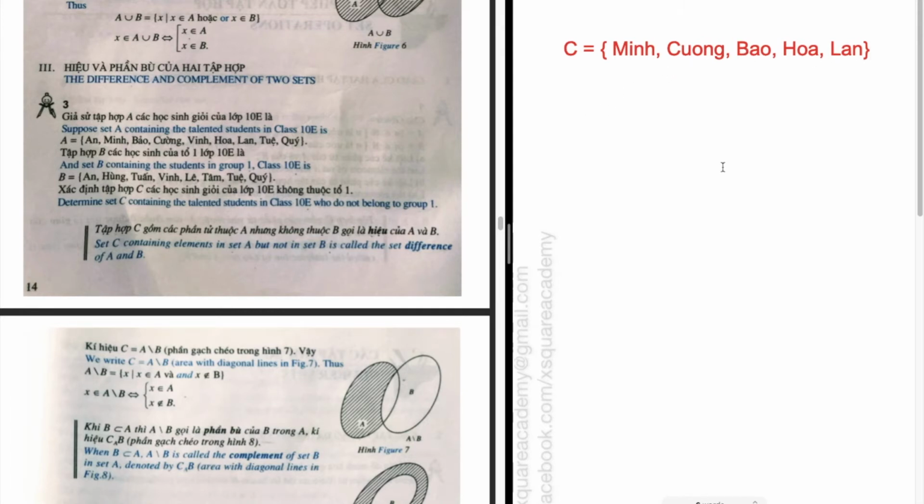To create set C, we choose elements which are in set A, but are not in set B.